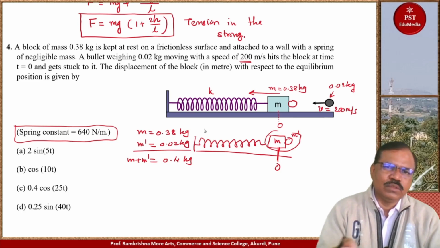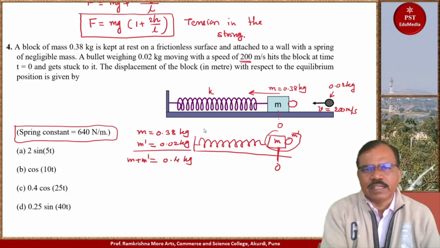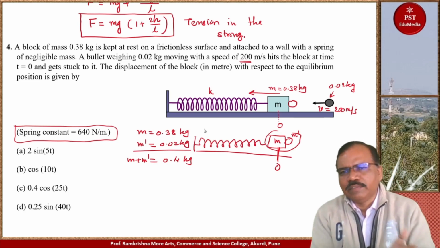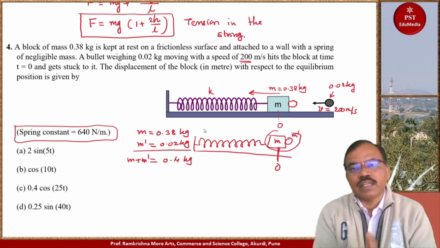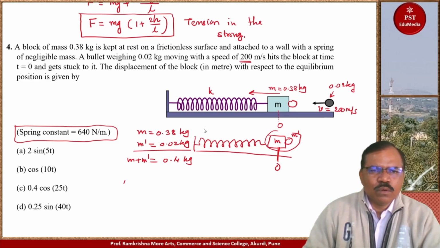Then kinetic energy goes on being converted into potential energy. Finally, the whole kinetic energy is converted into potential energy, and then it will return. But the mass is m plus m dash. So what is the angular frequency? Omega is equal to under root k by m plus m dash.